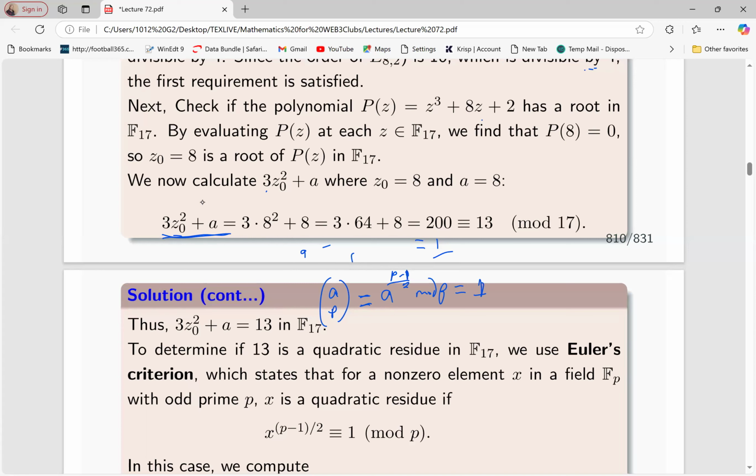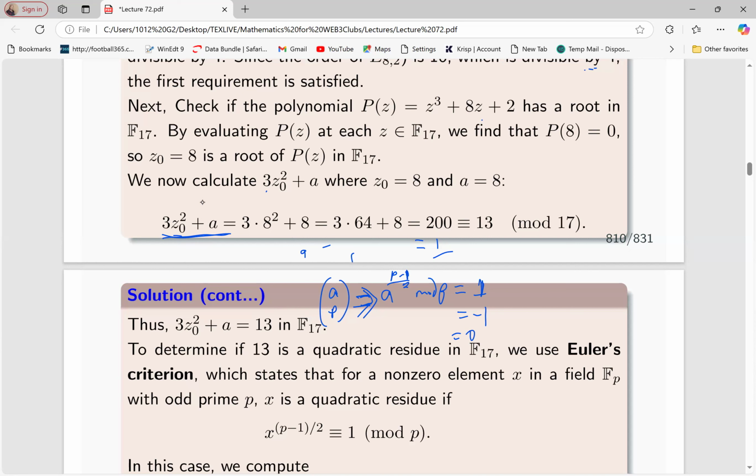At this point, we'll be using the fast powering algorithm. But if this gives you -1, then it's not a quadratic residue. If it gives you 0, then it just means that this value is divisible by P, and therefore, again, is a quadratic residue.